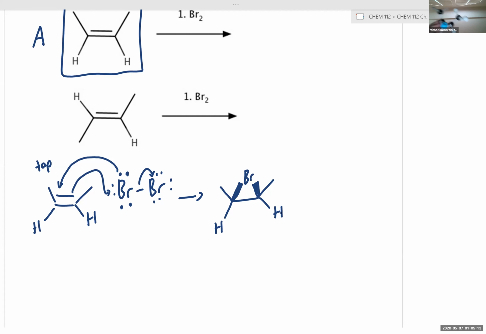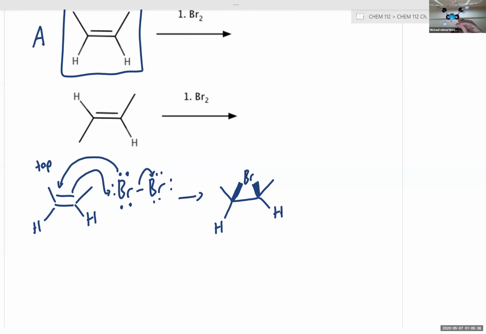In our bromonium intermediate, does everyone notice how the bromine atom is now installed? Does everyone see how the methyl groups are still cis to each other?